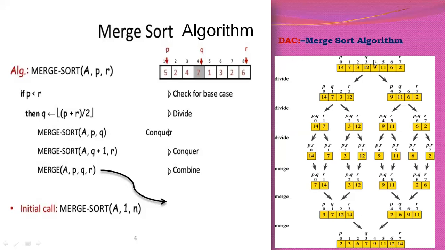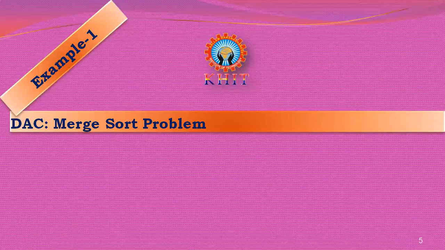Later on, we solve the problem at the right side part, and finally we combine the left side subarray and right side subarray. Finally, we will get the merge sorted elements. Okay friends, in this way we can solve merge sort.